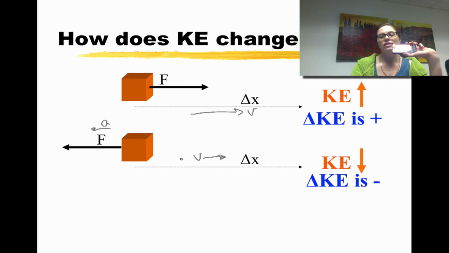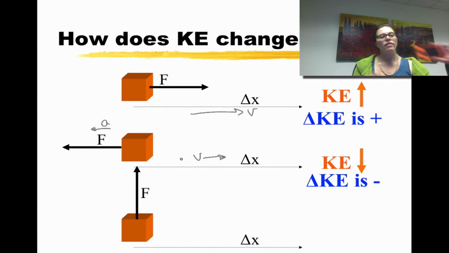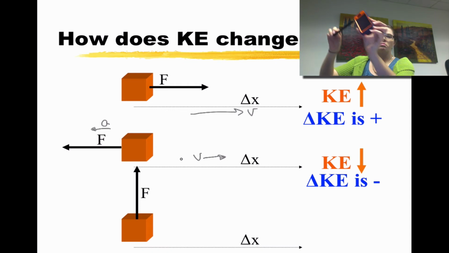Now the last thing that got cut off was this last scenario. So we have this box, my cell phone, going to the right again. But now we have a force that's perpendicular. So as this moves, this force is going to push it.